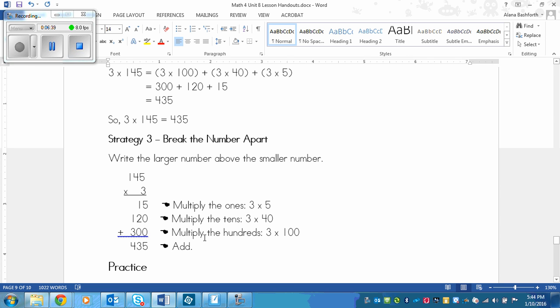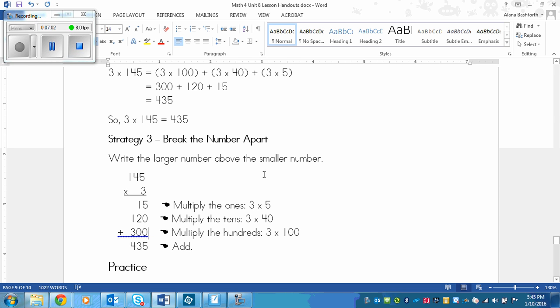And then the very last one is to multiply the hundreds. So 3 times 100. Imagine those are now zeros, which equals 300. And then we add those together just as we have for all the other strategies, 5 here, and then 1 plus 2 is 3, and 1 plus 3 equals 4, for 435.